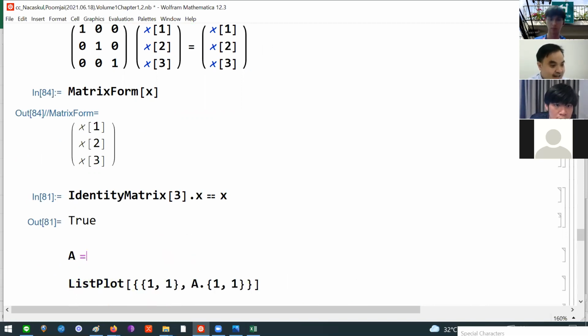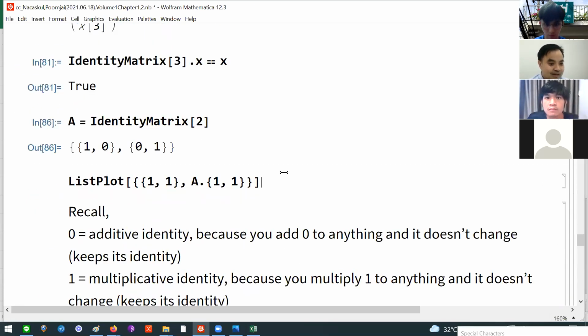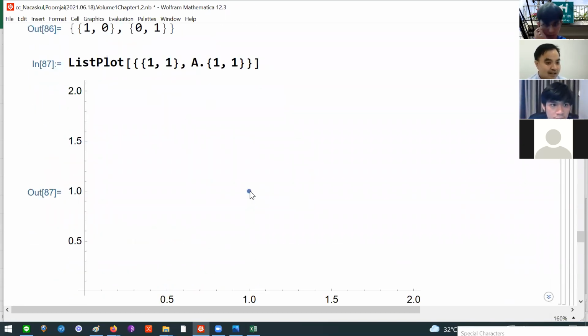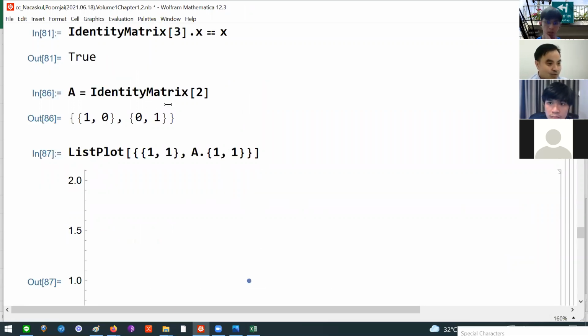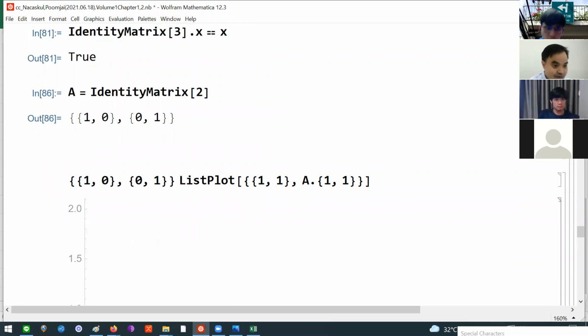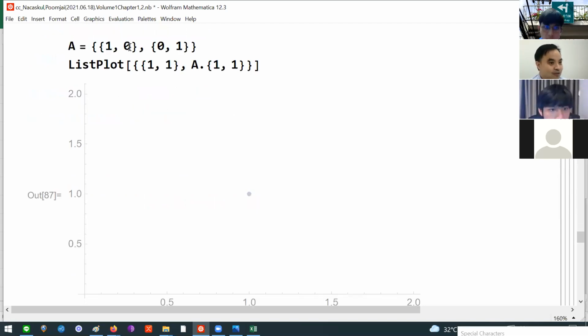So let's say A is equal to identity matrix 2. So if I did this, what happened? You have 1, 1, and you're applying nothing to it. Now I'm going to change a little bit. Let's say A is equal to, instead of this, now just for fun, I'm going to flip this.